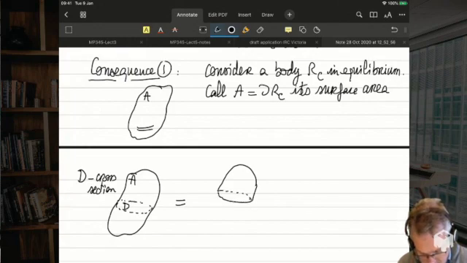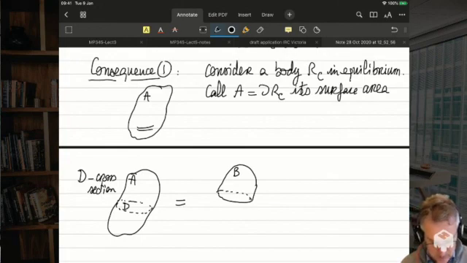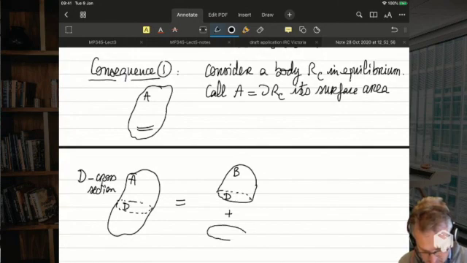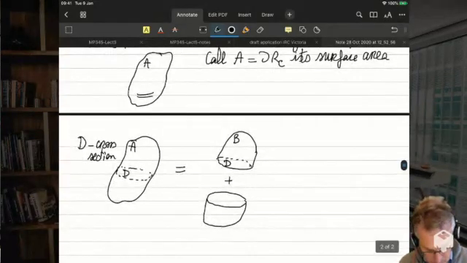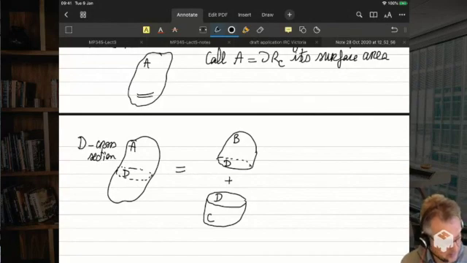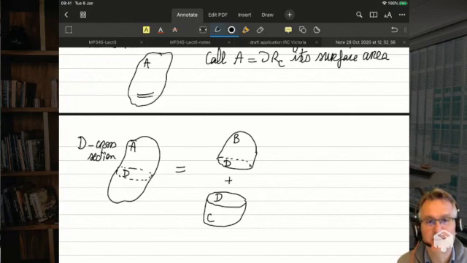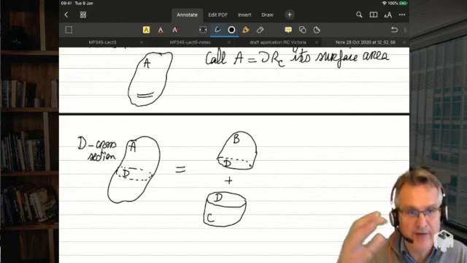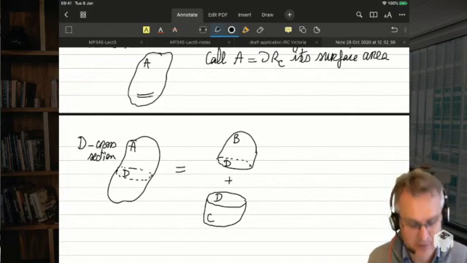This one, I'm going to call surface B for the dome, and then D is just the area of the cross section, plus this one here. I'm going to call it C, and there is D as well. Right, you all agree it's the same body. I've separated those two halves, but I can bring them together.